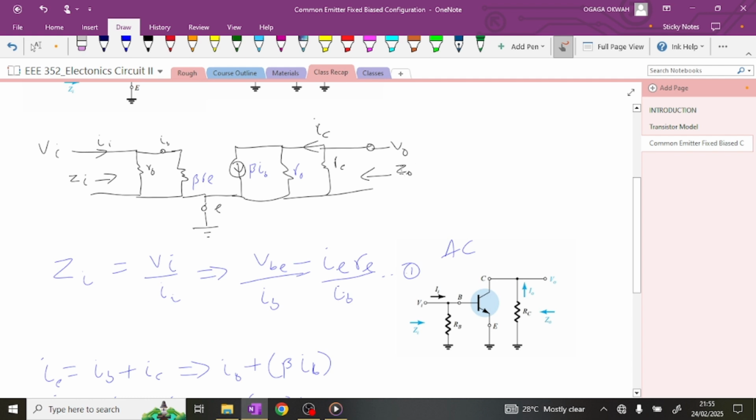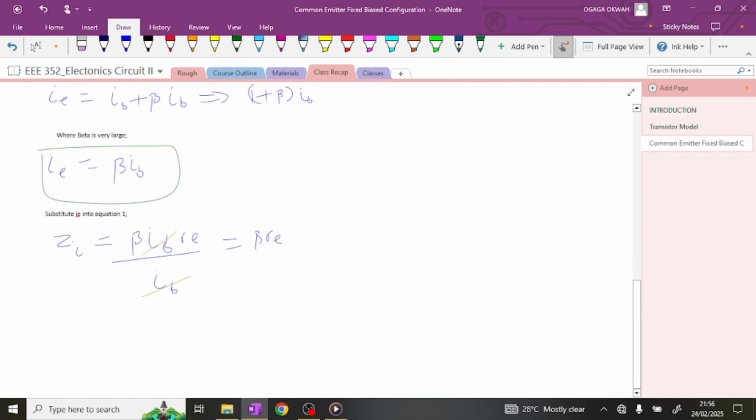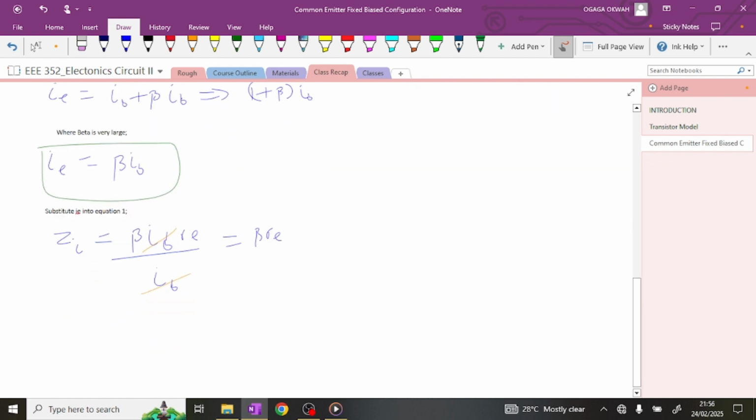How do we calculate the output impedance? There are some important parameters we are going to calculate, which are the output impedance, and even the input impedance. I think we've done that already. And then the gain, and some other parameters in the next video.